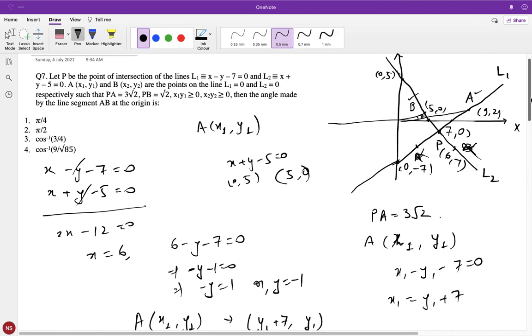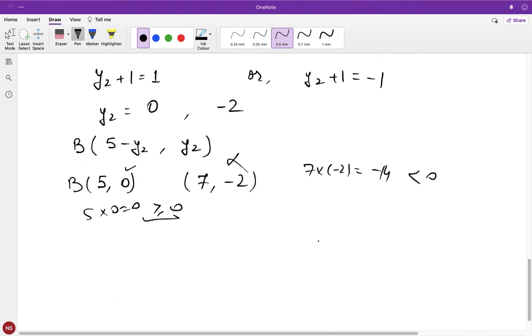So now I have the points A, I have point B, I have origin. And the question is, angle made by line segment AB at the origin is what? This is my x-axis, this is my y-axis, this is origin 0, 0. Point B is given to me as 5 comma 0, x is 5 and y is 0, right?